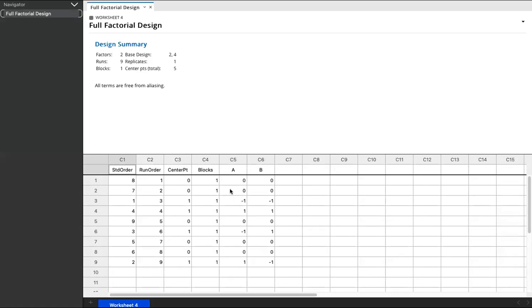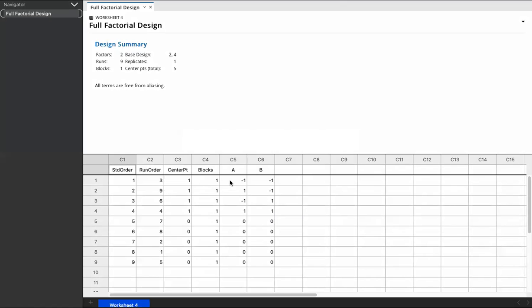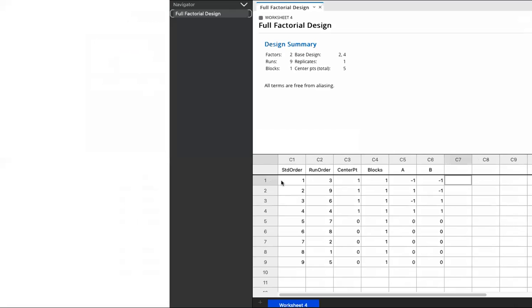Okay, let's see. I will order this column differently. Yeah. So we have our factorial design created. So I will copy the data from the Excel table.